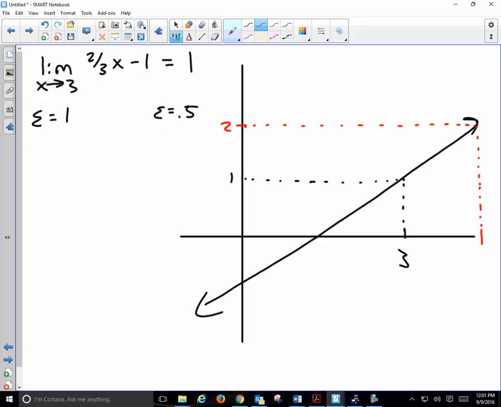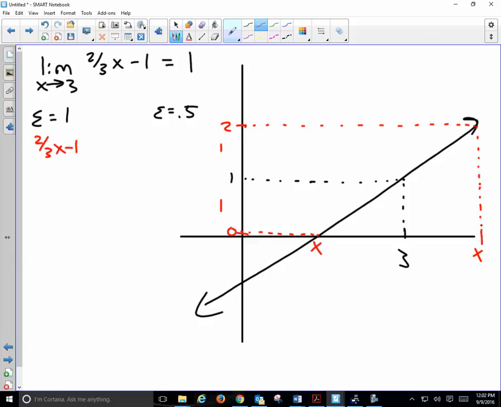So I go over, and then I go down to the x-axis. 0, I'm already there. Okay. Don't need to drop it all. So we want to find this x value, and we want to find this x value. We have epsilon values of 1. Once we find the x values, we can find the delta values. How do we find those two values? What do we do?